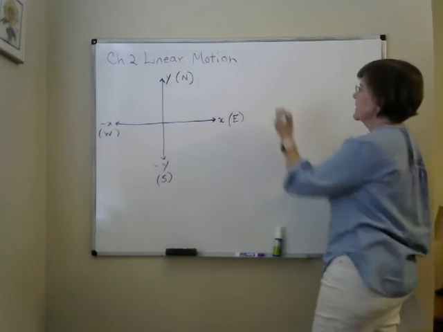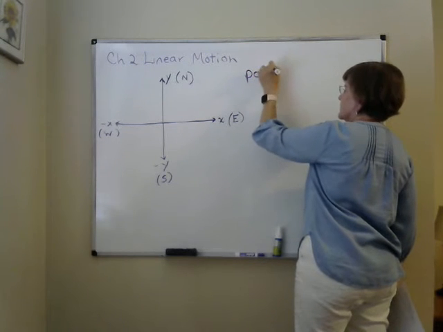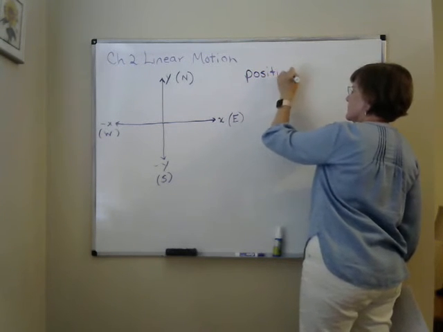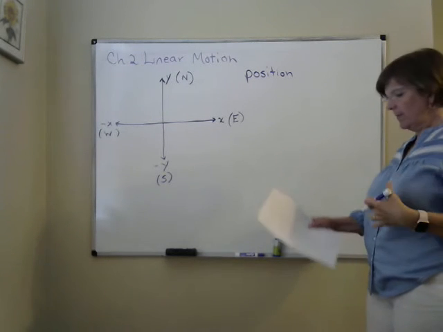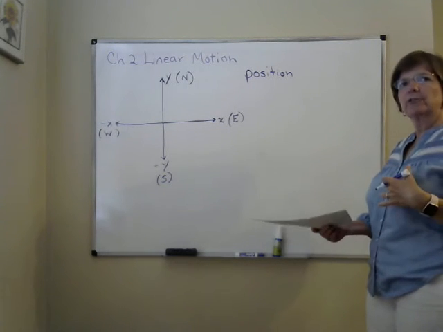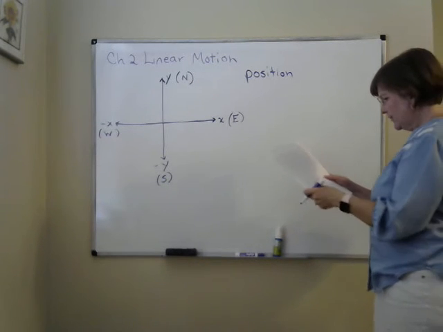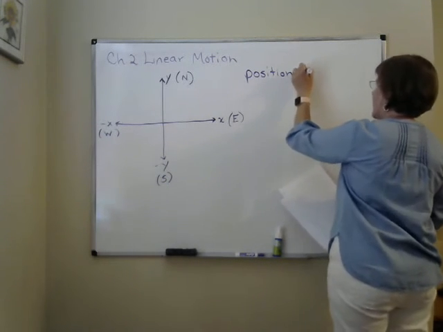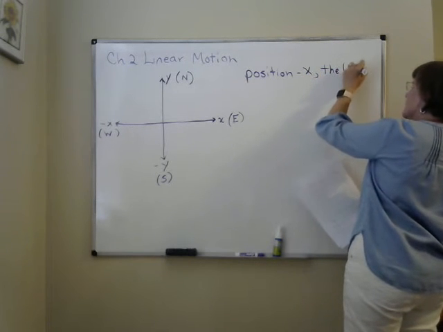To describe something's position, position is just where its location is in your frame of reference. Let's assume we're going to just be talking about horizontal motion right now. We would represent that with x. That would be the location.